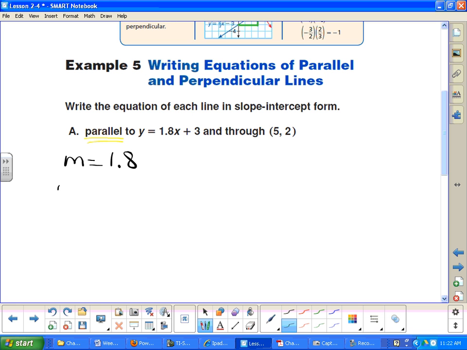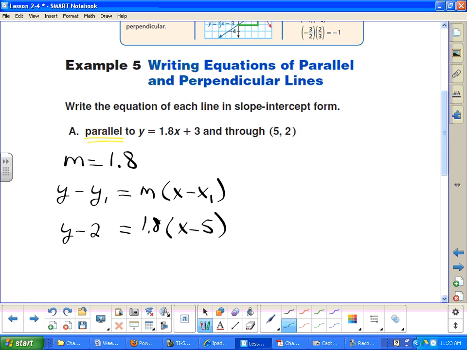So then I'm just going to use point slope formula to find the equation of the line parallel to that line. So we'll put in 2 for y1, 1.8 for the slope, and 5 for x1.